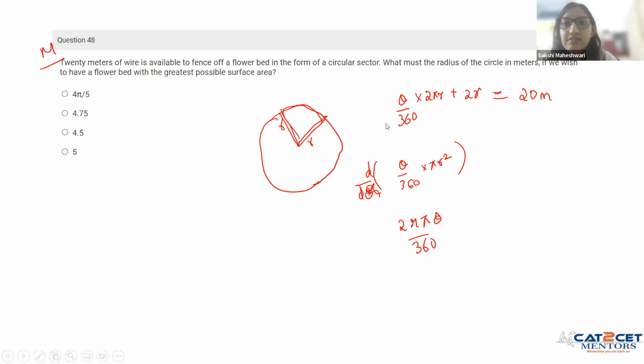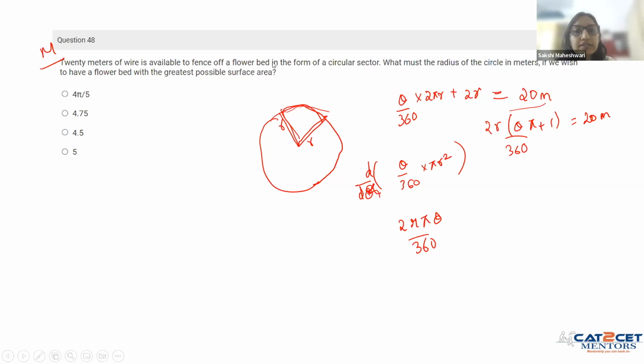Is available to fence off; what must be the radius of the circle if we wish to have a flower bed with the greatest possible surface area. Okay, sorry, my bad. So we have this as 20 meters. Let's simplify this first. We wish to have a flower bed with the greatest possible surface area.